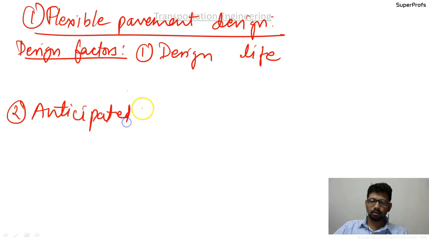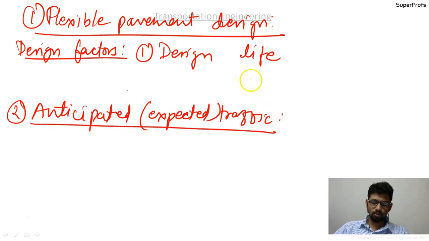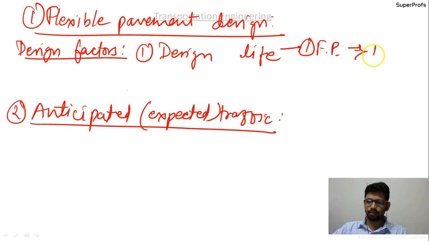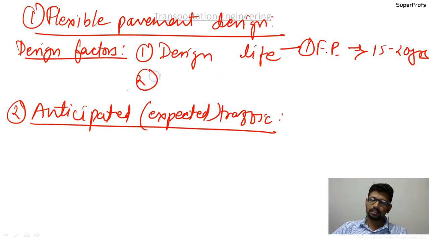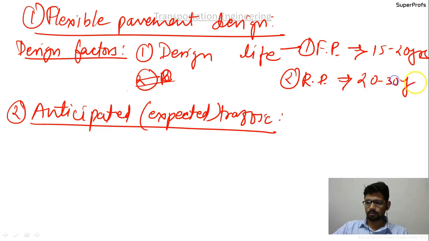For flexible pavements, design life is 15 to 20 years. And for rigid pavements, design life is 20 to 30 years.